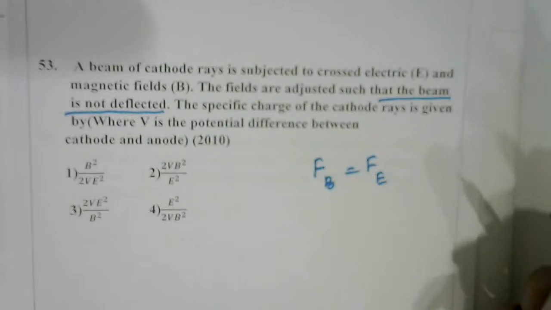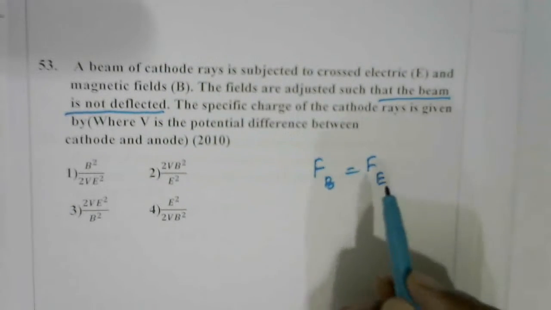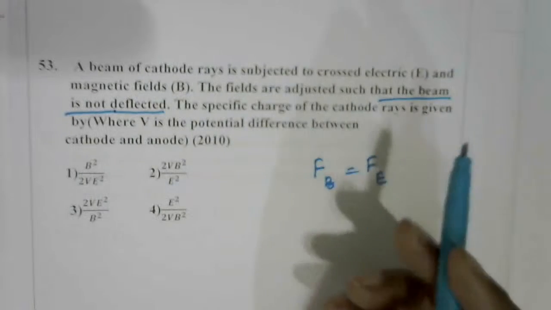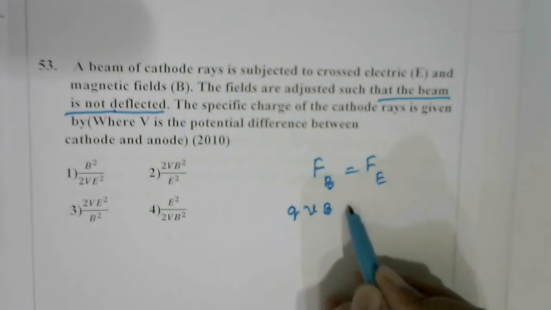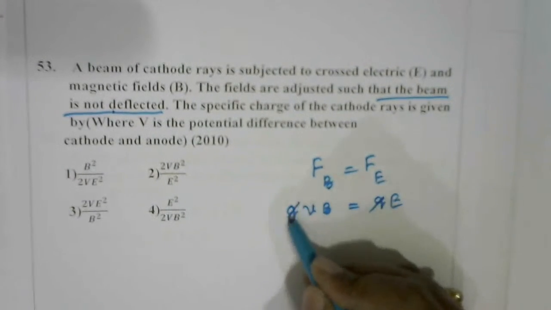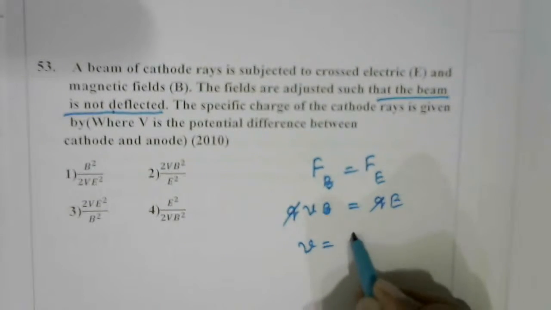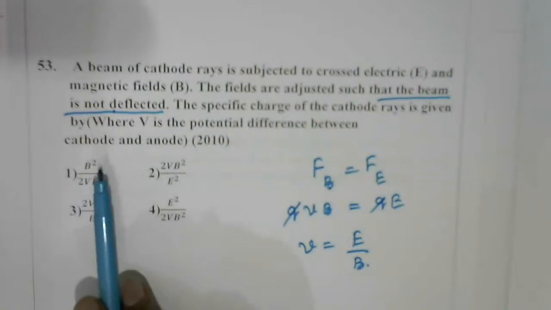It goes undeviated; we call it a velocity selector. In that case, not deflected means it goes undeviated. So you have QvB, because it is perpendicular, and this is QE. Q cancels, so your v is equal to E by B. Okay, E by B. So what is the question?